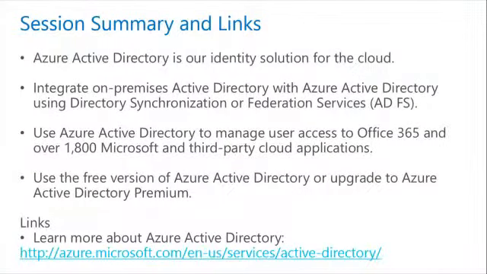With Azure Active Directory, you can manage users on, it looks like this slide's out of date, over 2,000 different third-party and Microsoft applications, and you can use the free version, or you can use the premium version that gets us some great features like multi-factor authentication, some advanced reporting, and cool stuff like that.